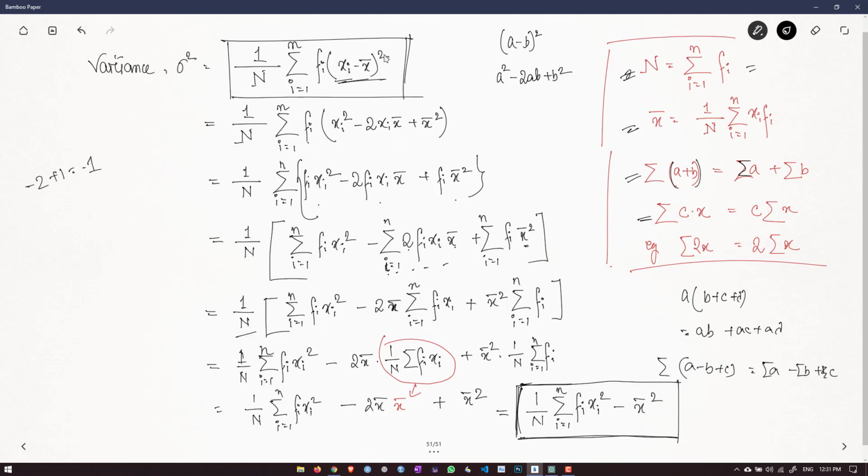Then you will have to square them, more decimal places, and so the calculations will be large, right? But in this formula you don't have to subtract the arithmetic mean from all of them. You will have to subtract the square of the arithmetic mean only once. That's the difference between the formulas, right?